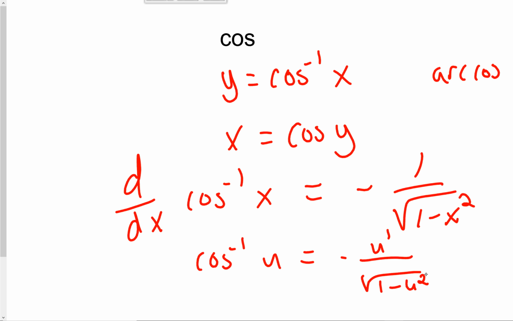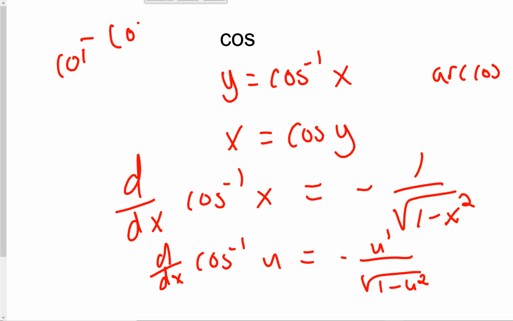Don't forget that squared. I guess this would be an x probably. Taking the derivative. Okay.